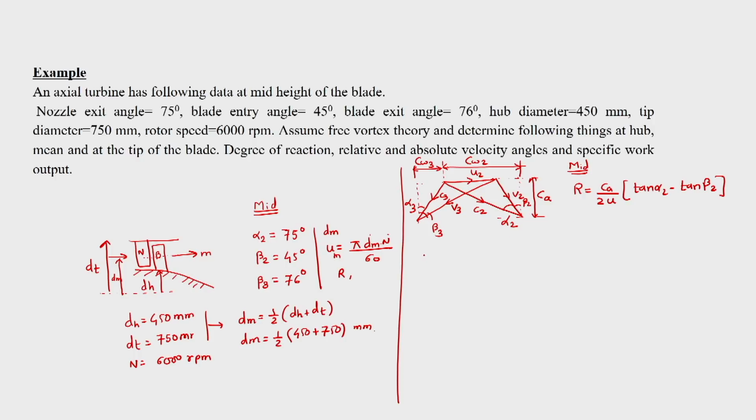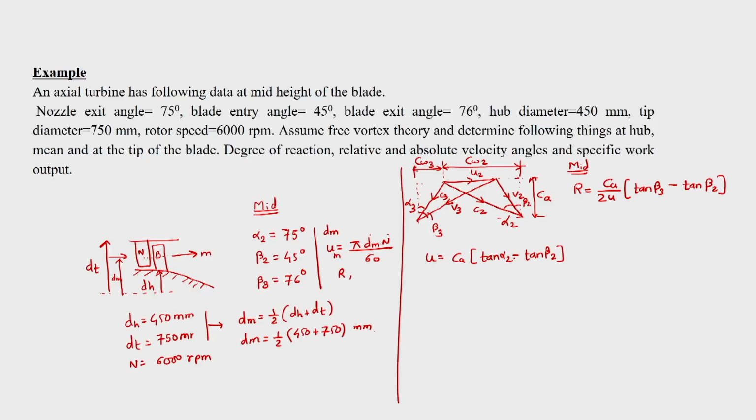One second, the formula for R is Ca upon twice U into tan of beta 3 minus tan of beta 2. We need to find out Ca over here, and Ca can be found from the formula U is equal to Ca into tan of alpha 2 minus tan of beta 2.